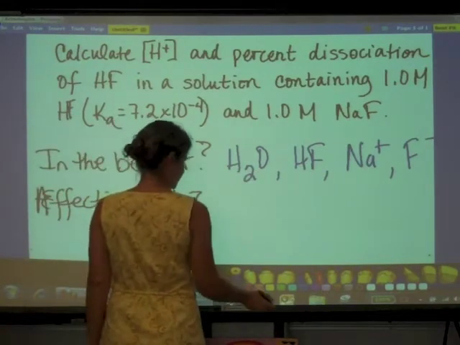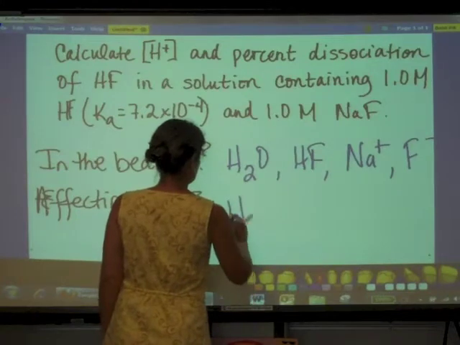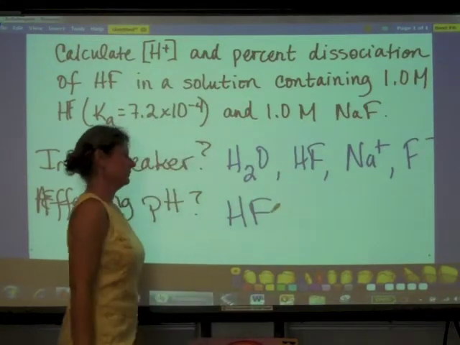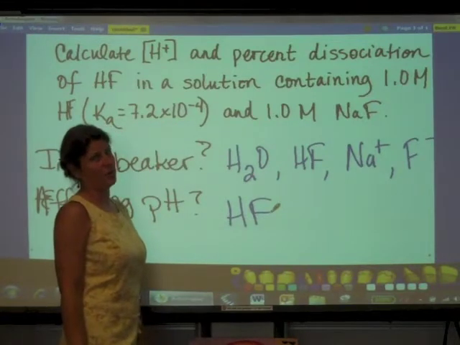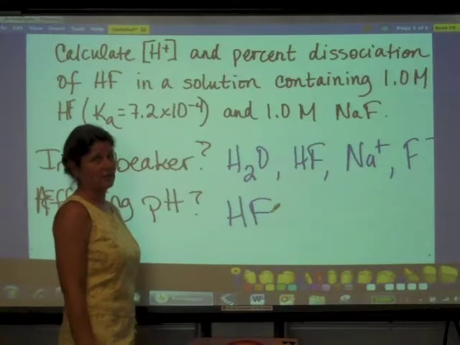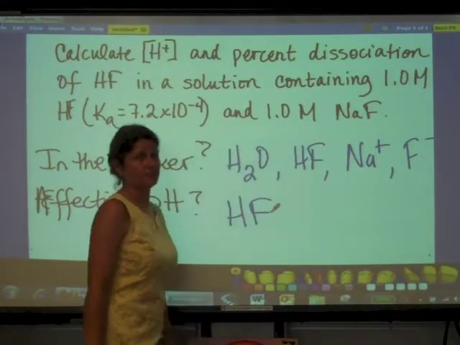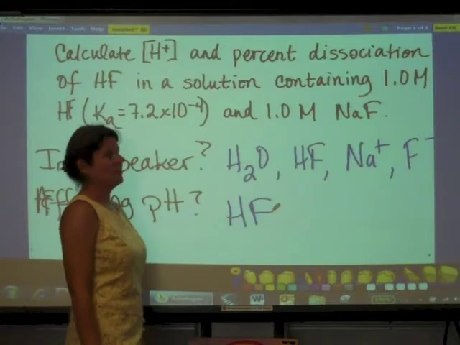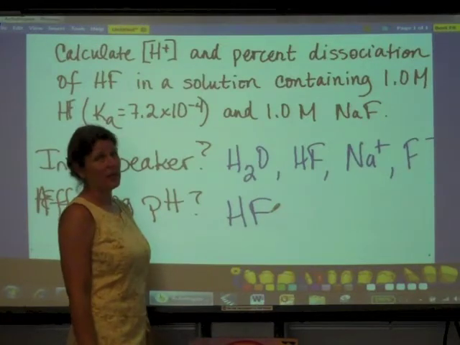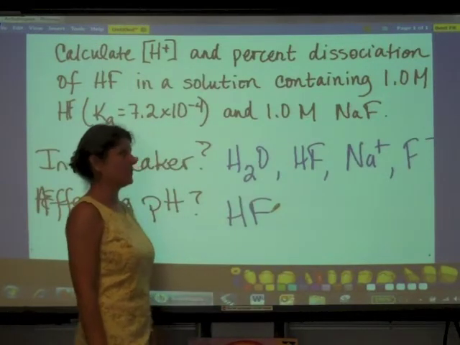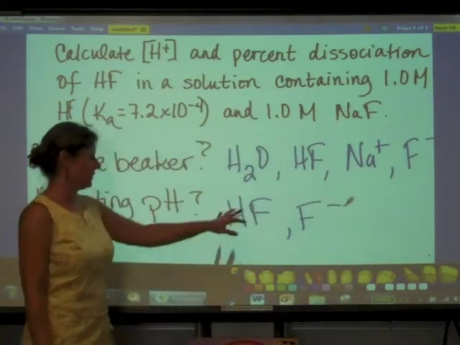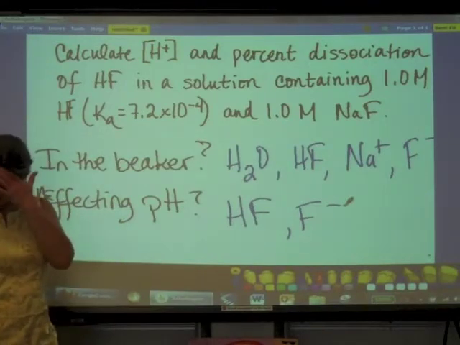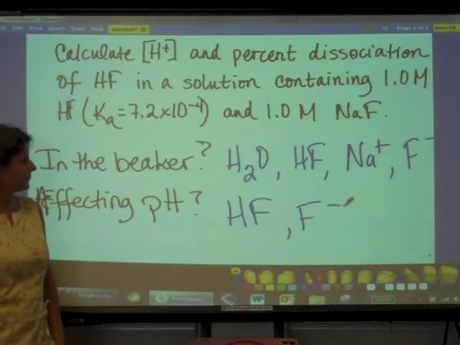We have HF. That's going to be. What about the sodium? Oh, it's the cation of a strong base. No effect. But what about the fluoride? Well, it's the conjugate base of this weak acid, HF, so yeah. Okay, so there's our two that are going to be affecting the pH of the solution.